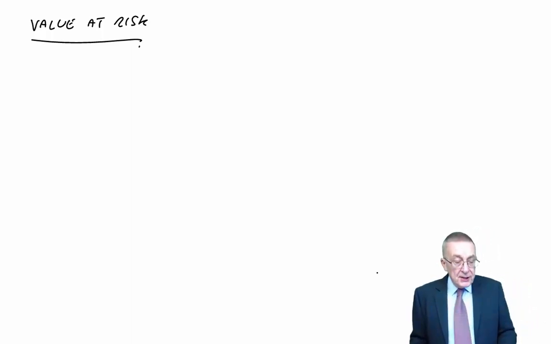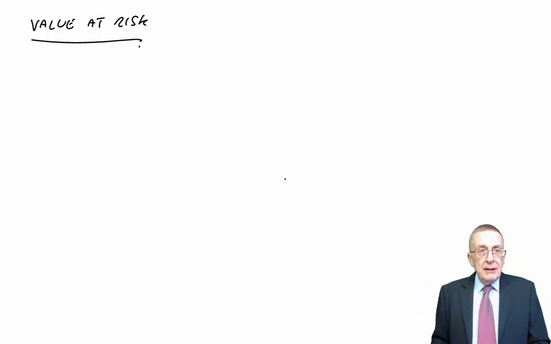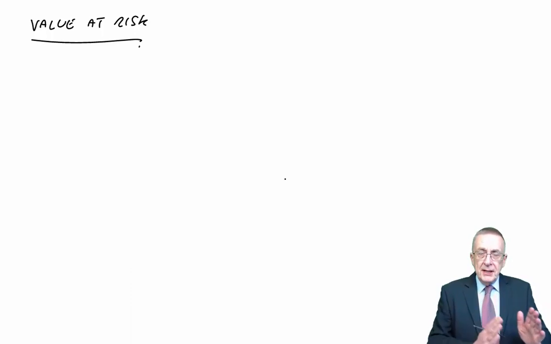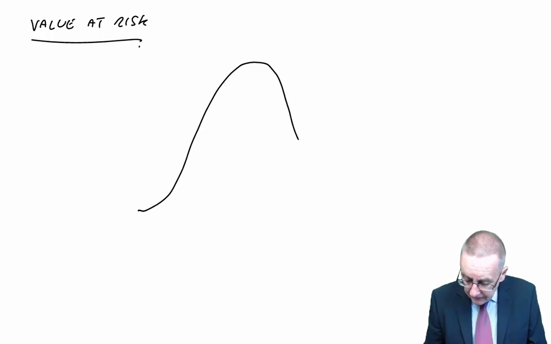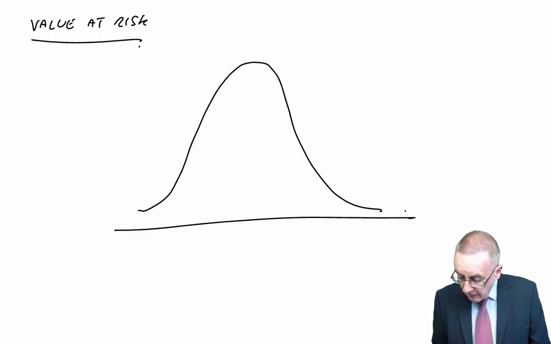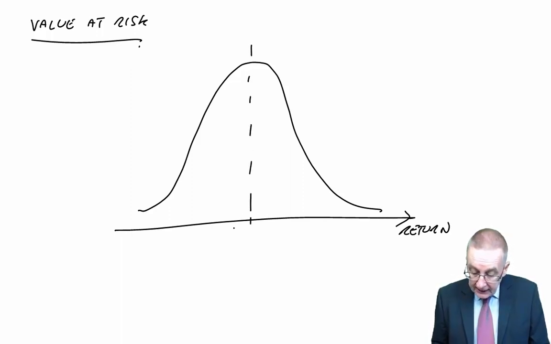It says these returns are normally distributed, and what that means is that if we plotted the possible returns on a graph, it looks something like this. Here's the return. The average return, the most likely, is 2.4 million.